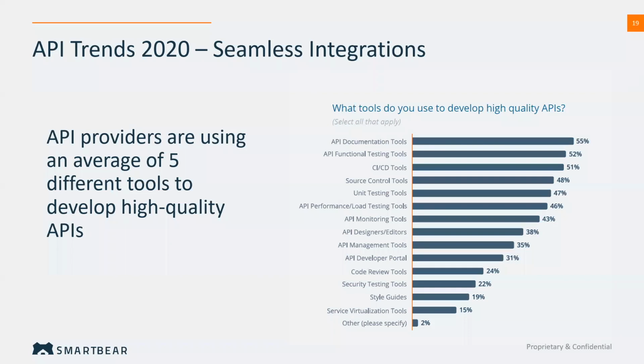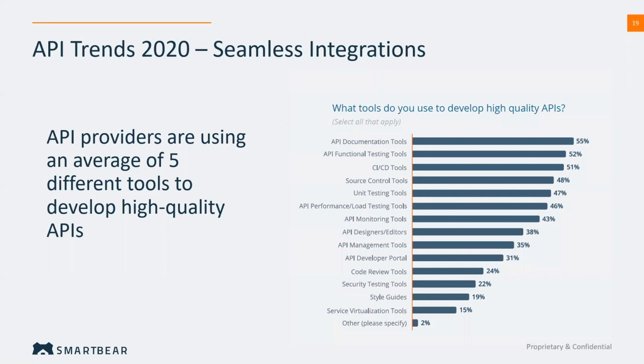The final trend that we identified from the survey for 2020: we asked the respondents, what tools do you use to develop high quality APIs? What we found was that API providers are using an average of 5 different tools to develop high quality APIs.